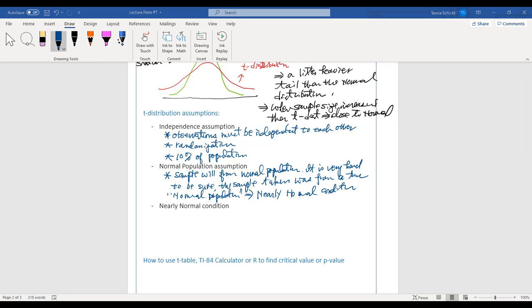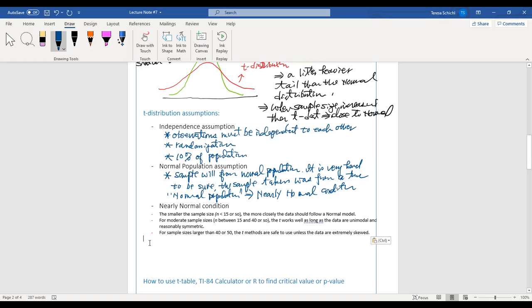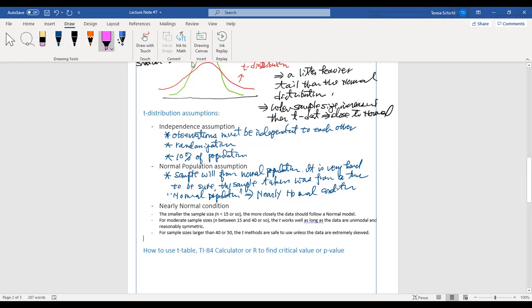But one thing we need to be careful about is that the smaller the sample you take, the more closely the distribution needs to resemble the normal model.